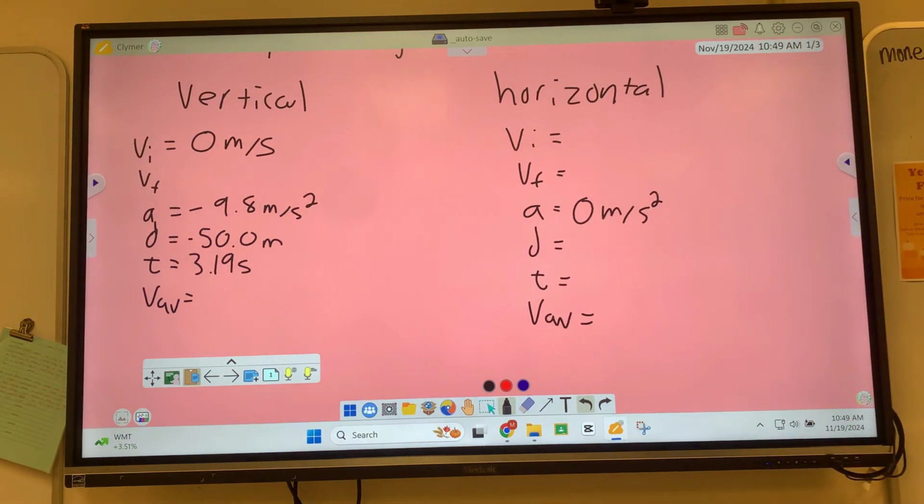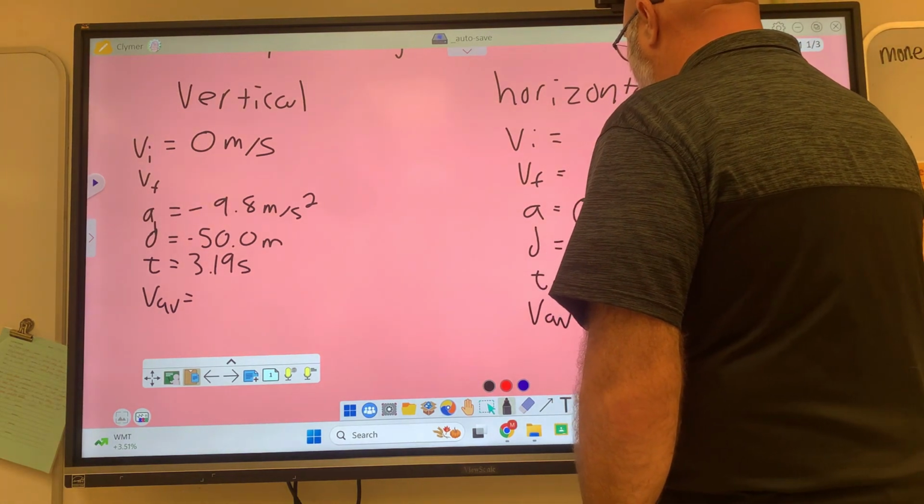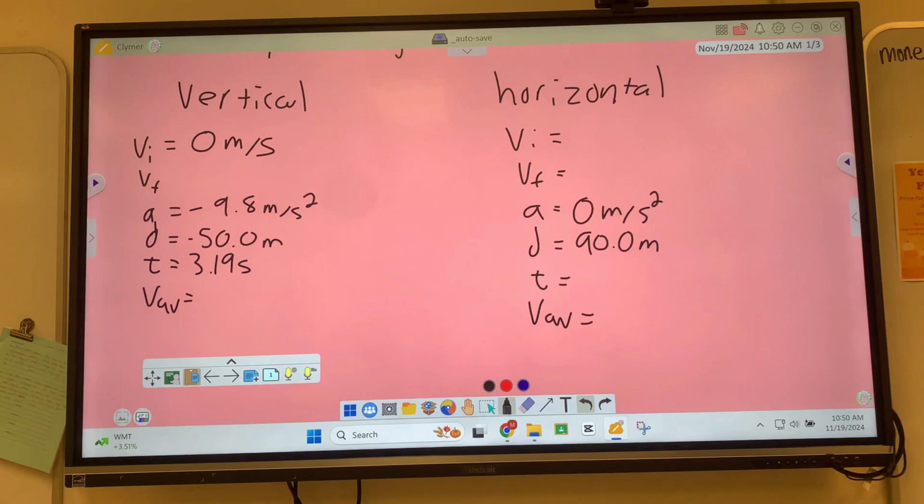What's the distance we're going in the horizontal direction? And again, this is from the question. If you look on your Chromebook, how far are we going? 90 meters. How much time is it going to take us to take this horizontal journey? Is that in the question?